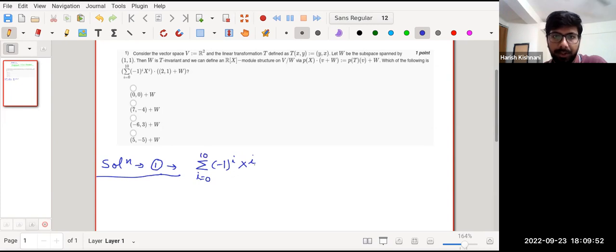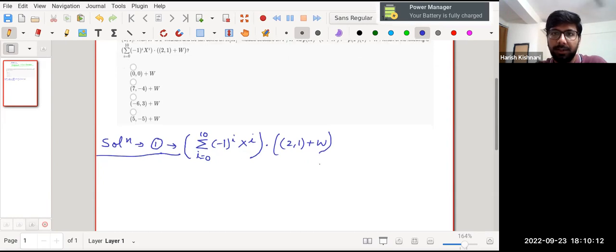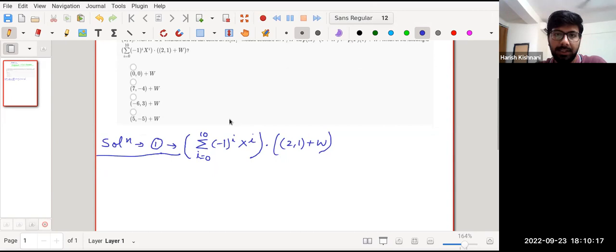So this is a polynomial. Okay, this is basically your p(x), and it is multiplied with the element of V/W, and that element is (2, 1) plus W, and as per the definition you will get p(T) applied on v plus W. So this is p(x).